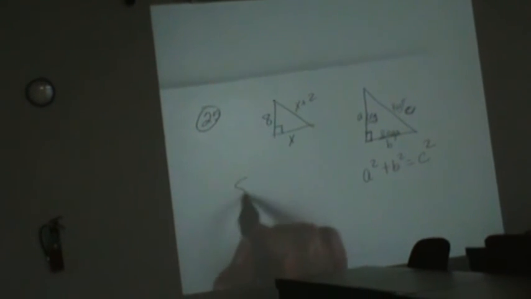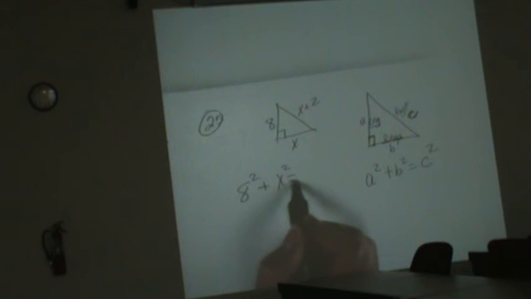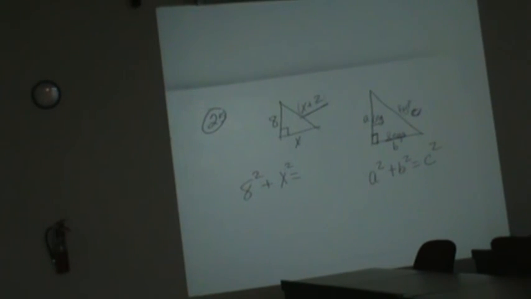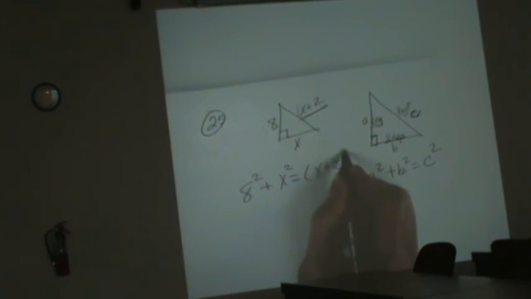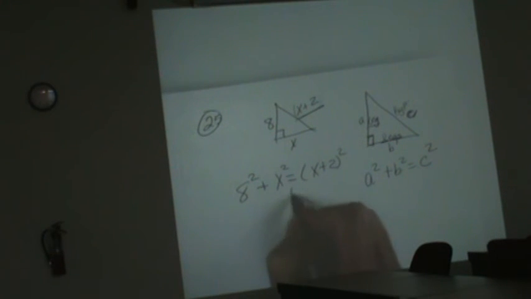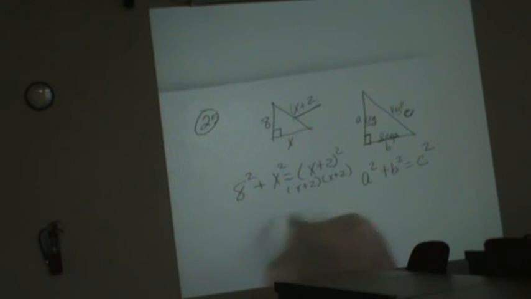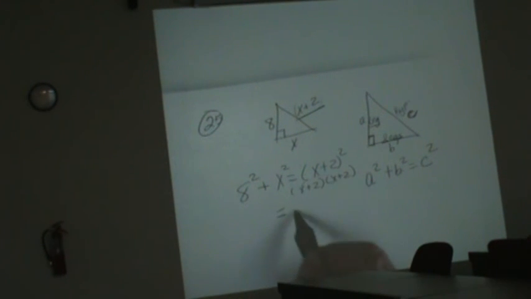8 squared plus X squared equals the hypotenuse squared. That means you're going to have to FOIL that. It's squared, it's times itself. So if you do X plus 2 times X plus 2, you're going to have X times X is X squared, right?